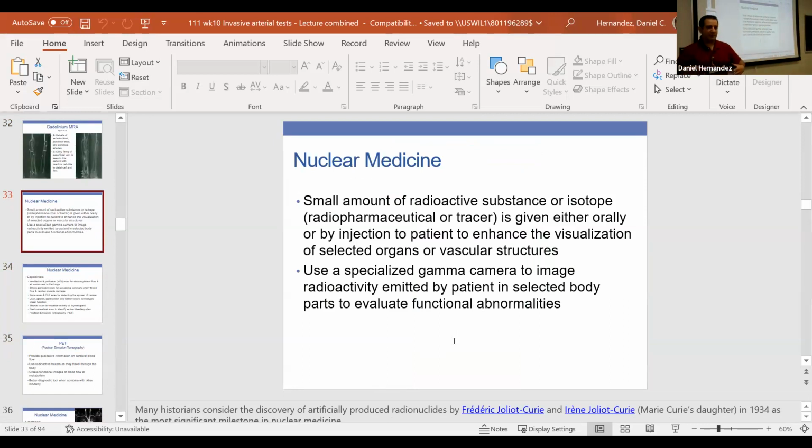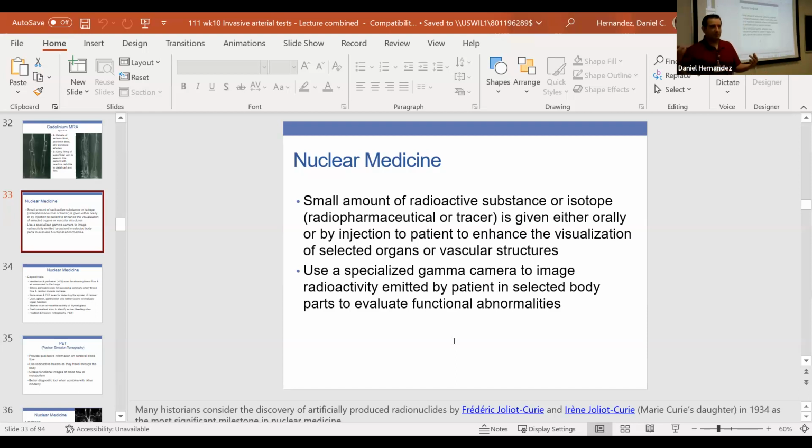It's much more radiation than a typical angiography, and it also utilizes contrast. MRA utilizes the MRI machine, which is a giant magnet, so there's no ionizing radiation involved. That's a benefit, but again there are limitations.